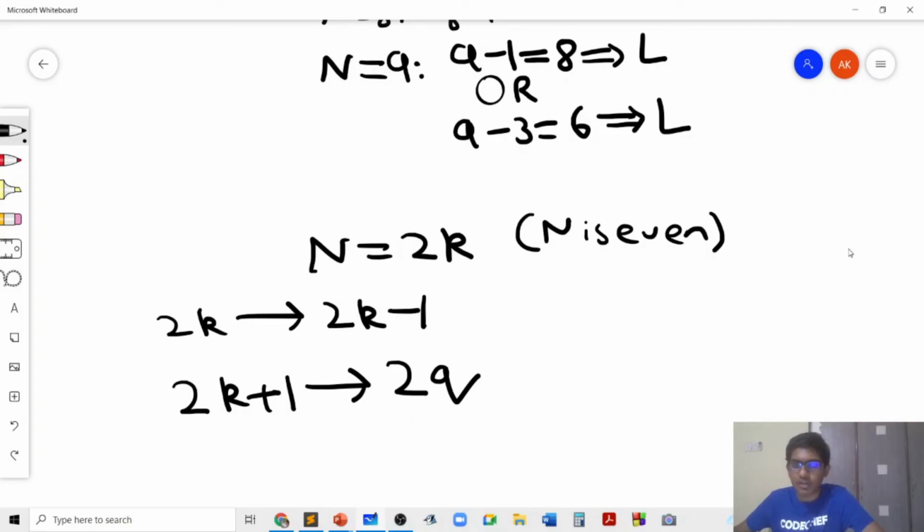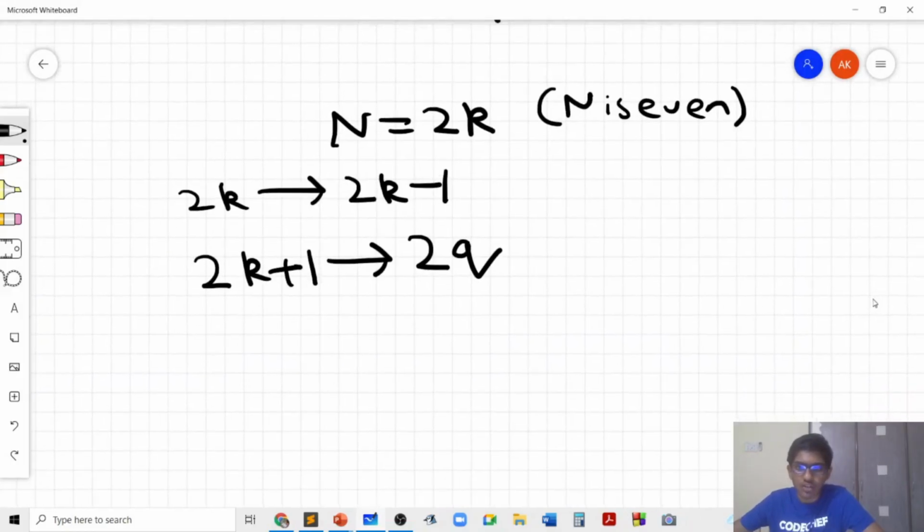And since from a losing state we can only go to a winning state, 2k plus 1 is also a losing state. And that basically concludes the induction, and that basically proves why when n is even, the state is always a winning state, and why when n is odd, the state is a losing state.